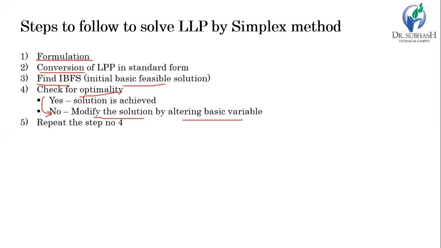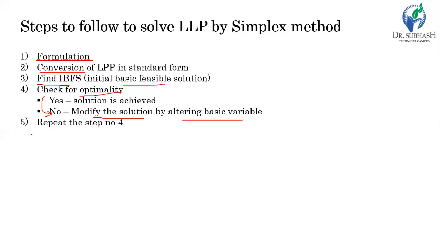In this case, we have to replace one of the basic variables which is less important for us with another which is more important, or which will give us more profit or less cost according to the case. Then we will bring that variable into the basic variables, and again solve the problem with the help of this new set of basic variables.